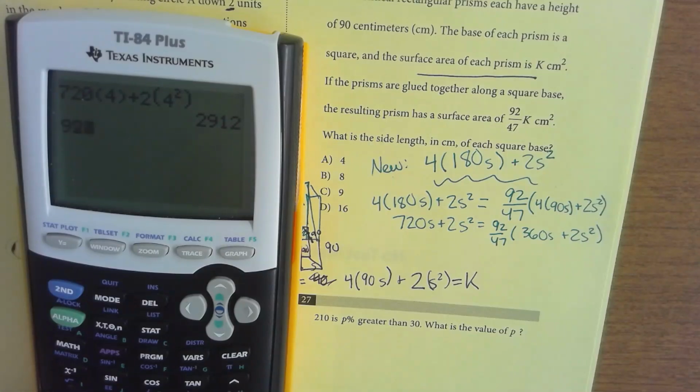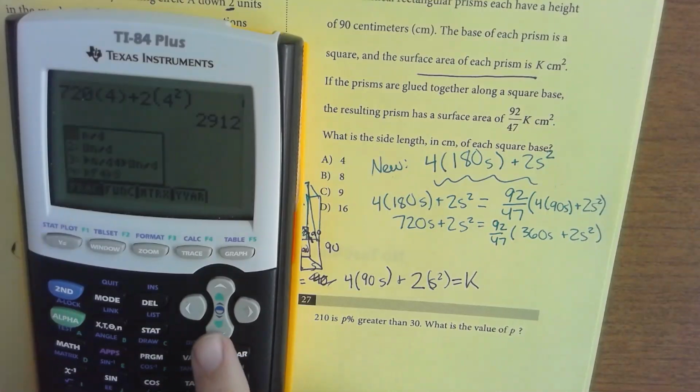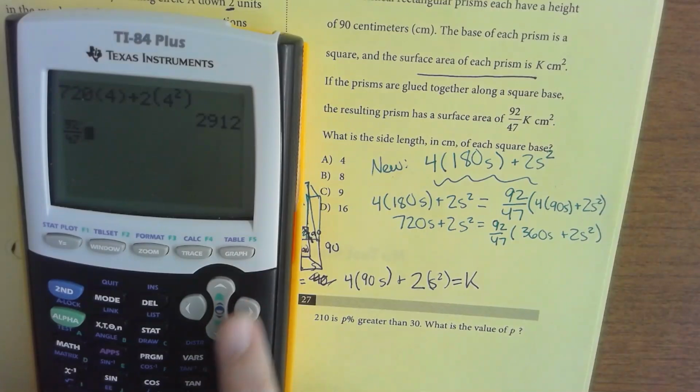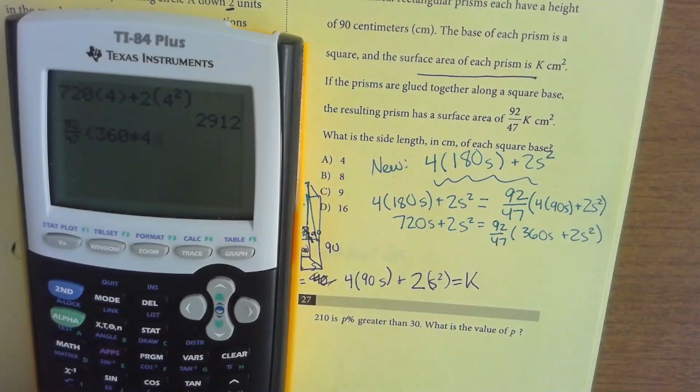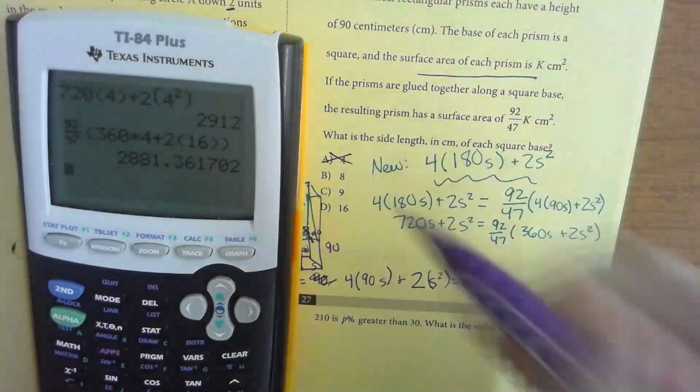Let's try the other side: 92 over 47 times 360 times 4 plus 2 times 16. Let's see if we look at that. Those are not equal. 4 is not my answer.